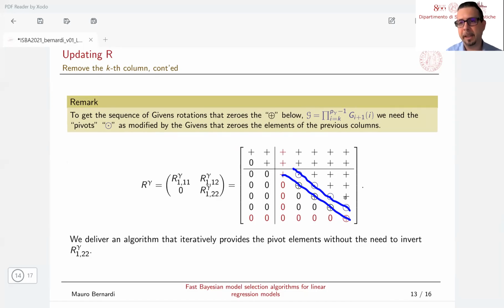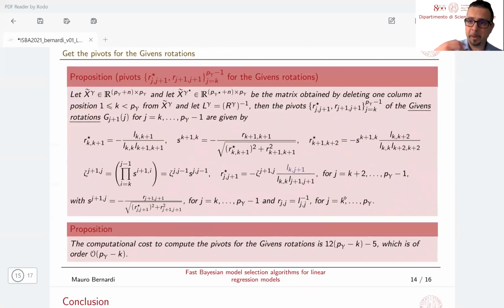For the elements above the main diagonal we have some problems, because we not only require the elements above the main diagonal of the R matrix, but we need the elements on the main diagonal of the R matrix as modified by the set of Givens rotations that zeros the previous elements. So the problem is quite involved, but we found an algorithm for computing those elements. And the good news is that the number of floating point operations of that algorithm is linear in P minus K.